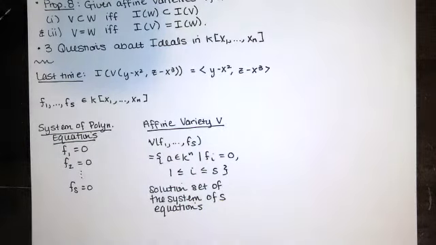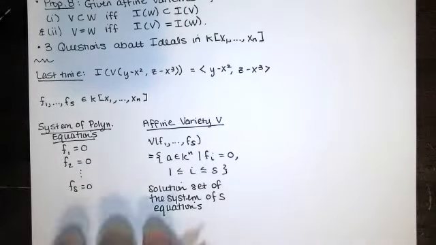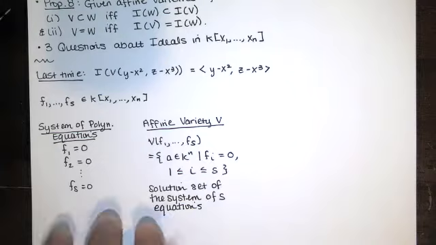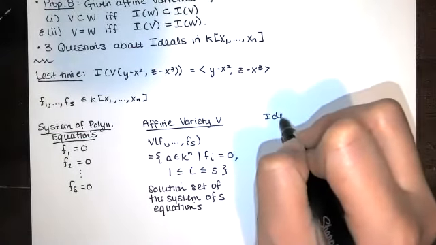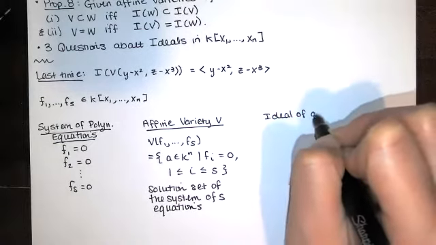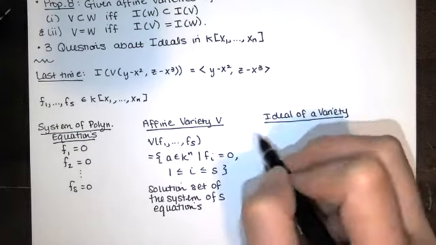Now, once we have an affine variety, that is a set of points that is, again, a solution set to a system of s polynomial equations, we can think a little bit differently. We started with polynomials over here. We can actually go back to polynomials if we talk about the ideal of that variety. Now remember what an ideal is.